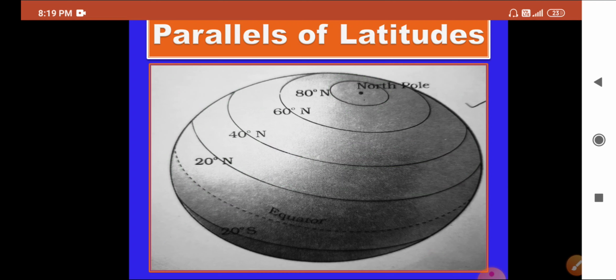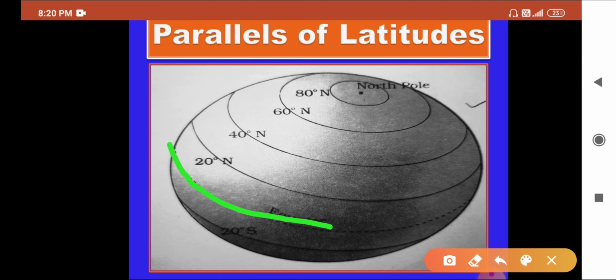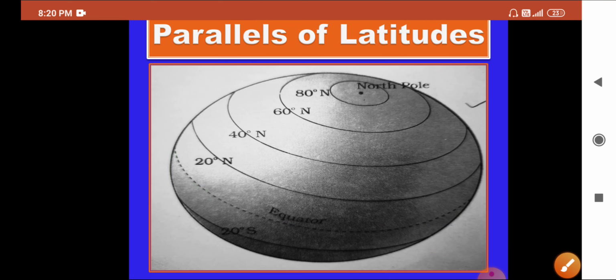Here I am explaining again that 0° latitude divides the earth into two equal halves. Here you can see this line. This is called equator. This is 0 degree. And the other upper lines are indicated by north N, and southern lines are indicated by south.